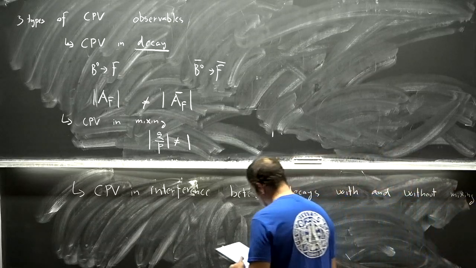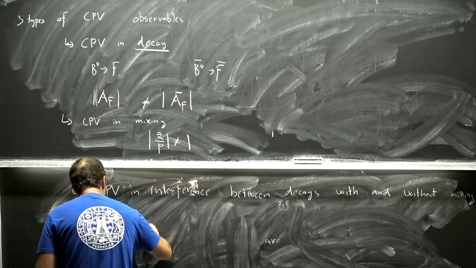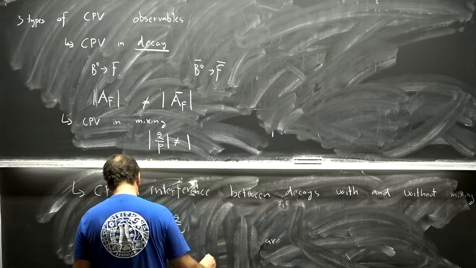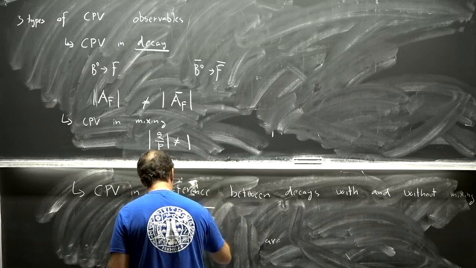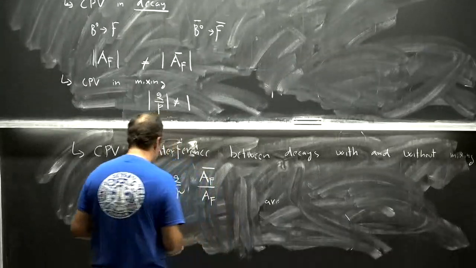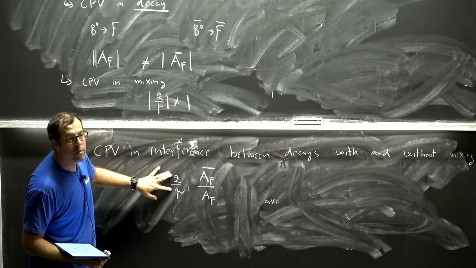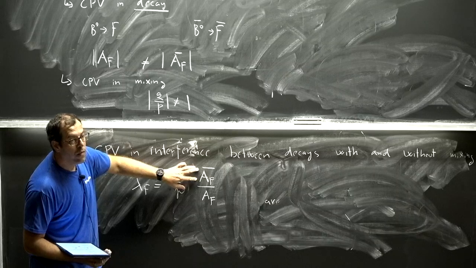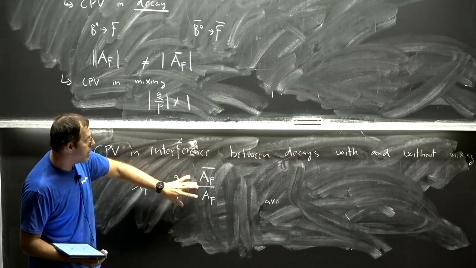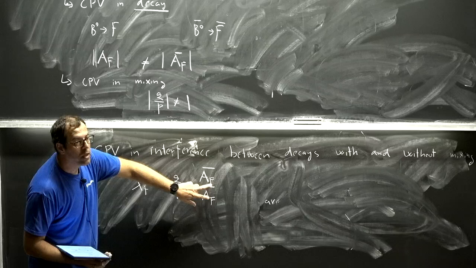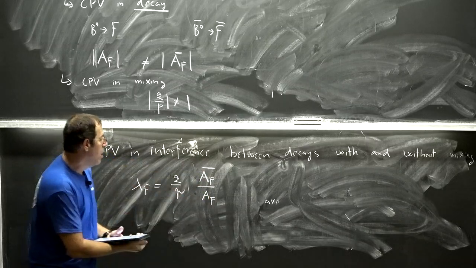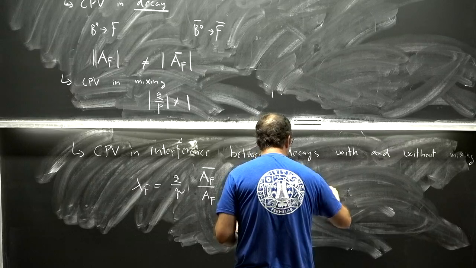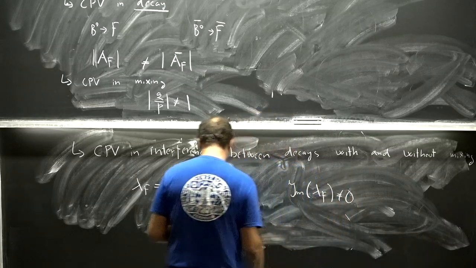All right, so let's construct an observable, Q over P, AF bar over AF. So I take Q over P. This can be complex numbers. The amplitudes for the B0 and B0 bar decays, the decays now are in the same final state. These are all complex. If now the phase of this quantity is non-zero, then you have CP violation.